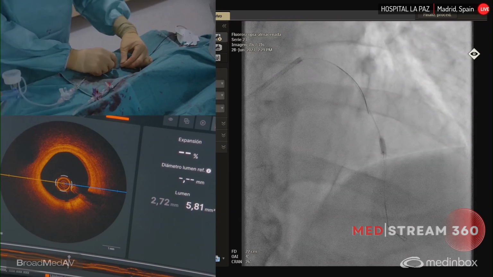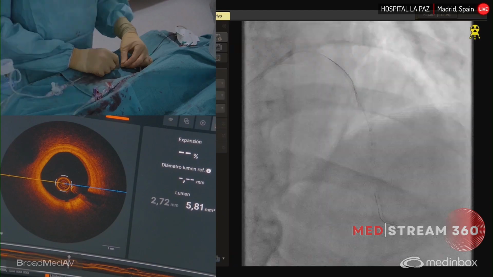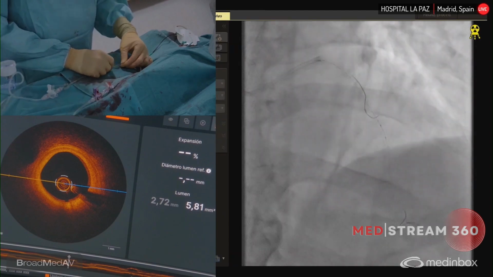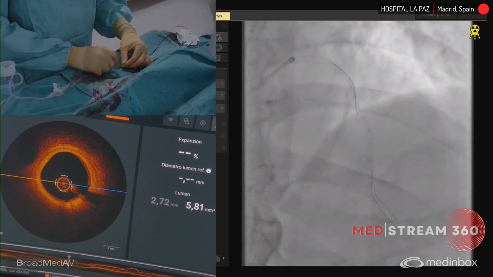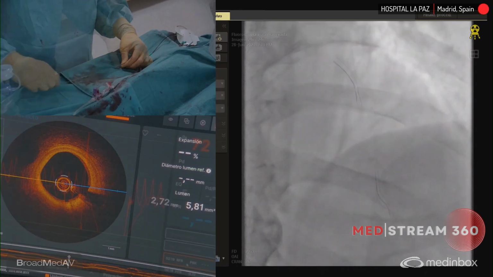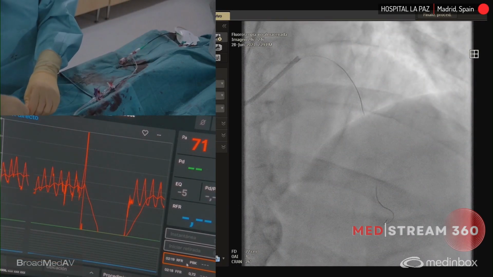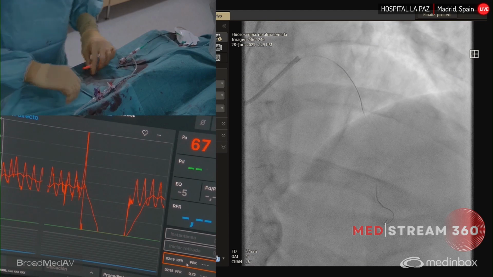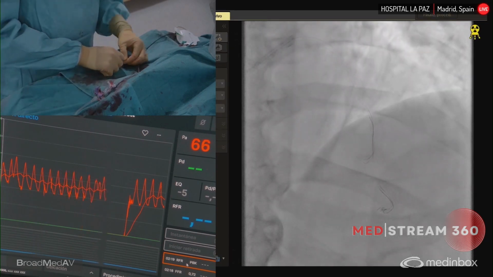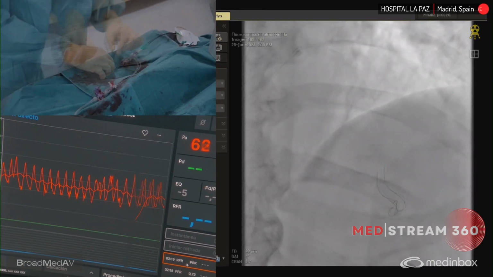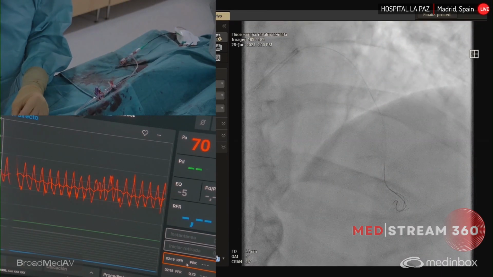Okay, can we switch to the FFR mode just for curiosity to check the result after this optimization? I'm going to advance again the pressure wire, if I can. Okay, there. I'm going to reconnect the wire.